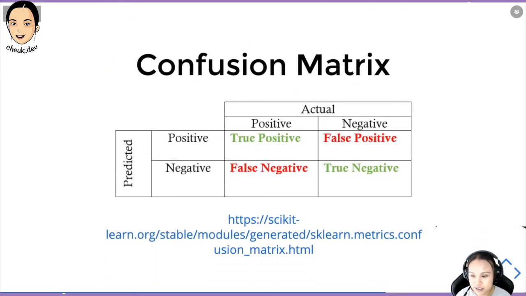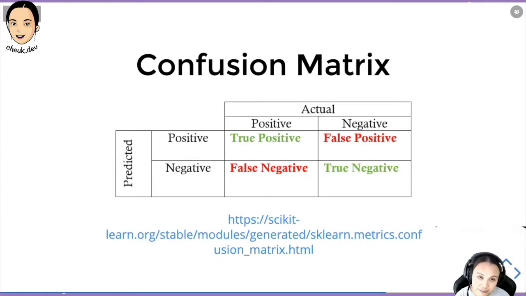Another thing is the confusion matrix. What it basically does is lay down the true positive, false negative, and true negative counts in a matrix for you. It's just 4 numbers that we care about, laid down in a matrix format.